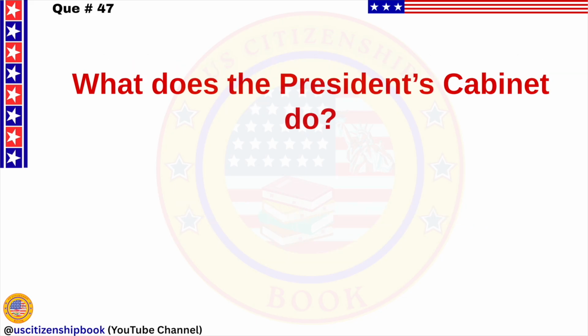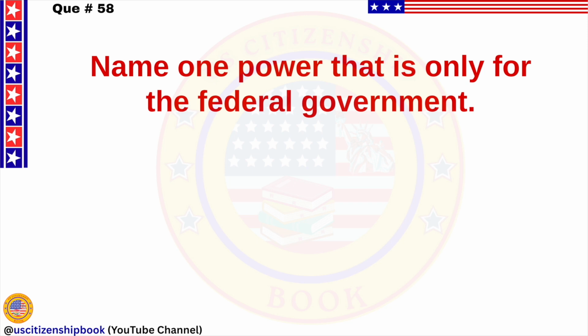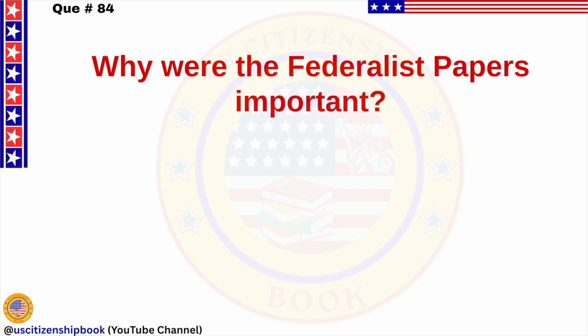What does the President's cabinet do? Advises the President of the United States. Name one power that is only for the federal government. Print paper money. Why were the Federalist Papers important?